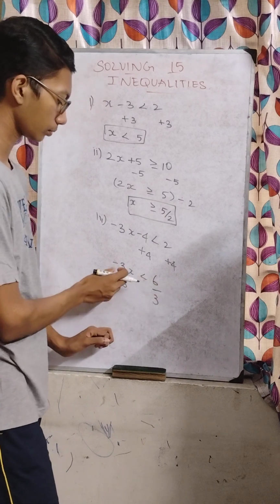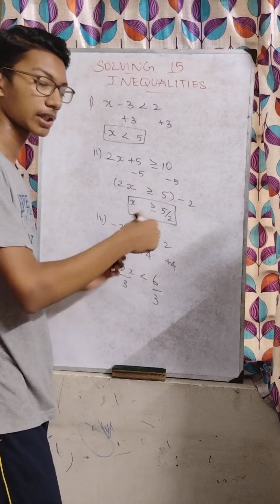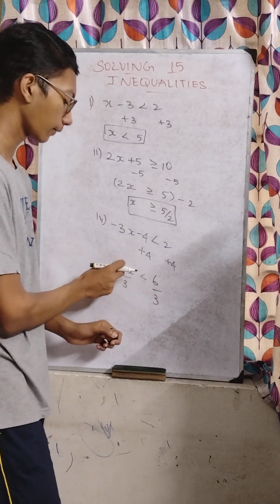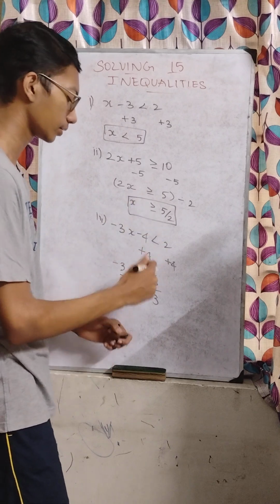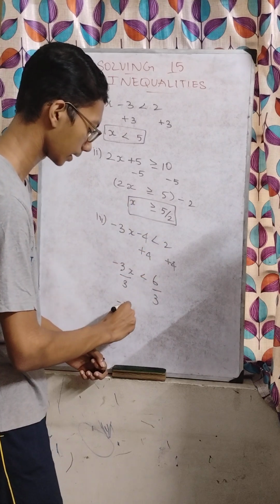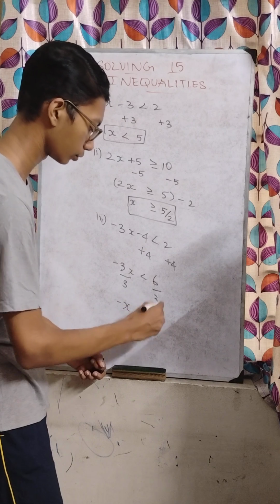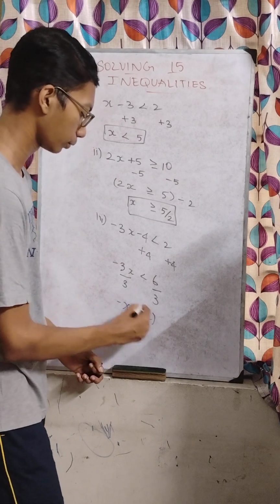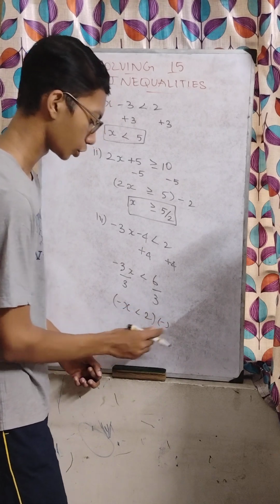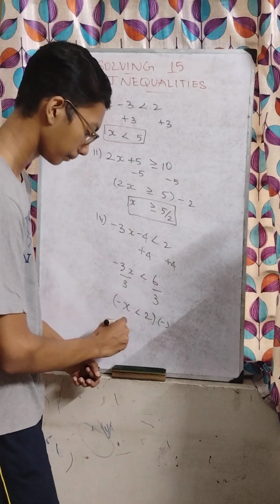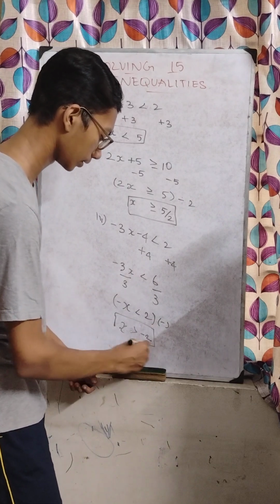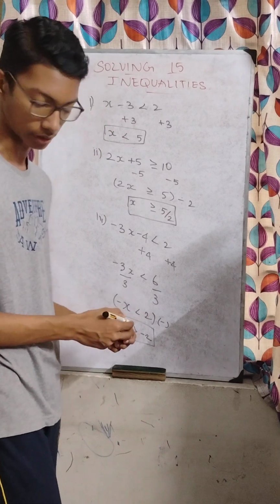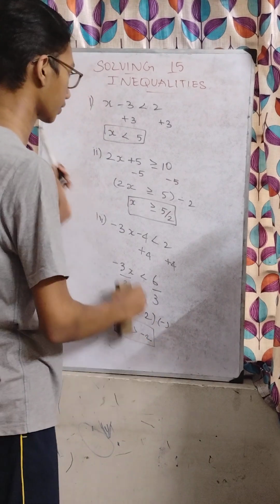Don't divide by negative 3, because there is another step for changing the sign when we multiply by negative. So just do the division with the numbers. We get minus x is less than 2. Now if we multiply both sides by negative, we need to change the sign. So x is greater than minus 2. And this is the answer for this question. That's 3 questions over.